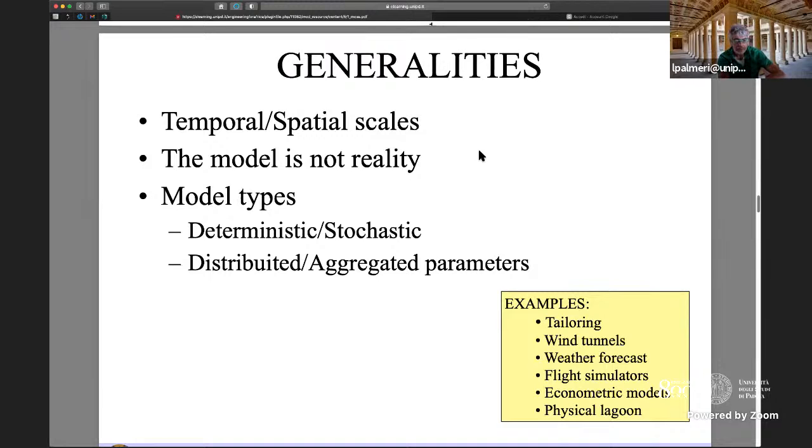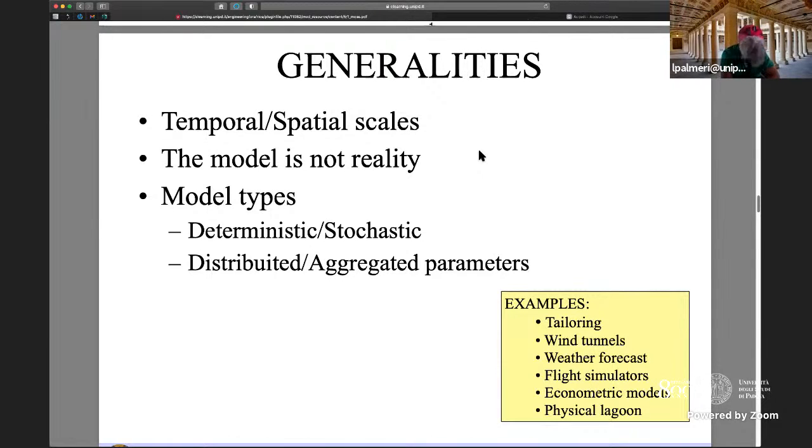Weather forecasts are models for which, for example, we have temporal scales of at least days or hours. You will never employ a temporal scale of seconds in a weather forecast because you will never have the CPU availability, the computing availability necessary to solve the differential equations.